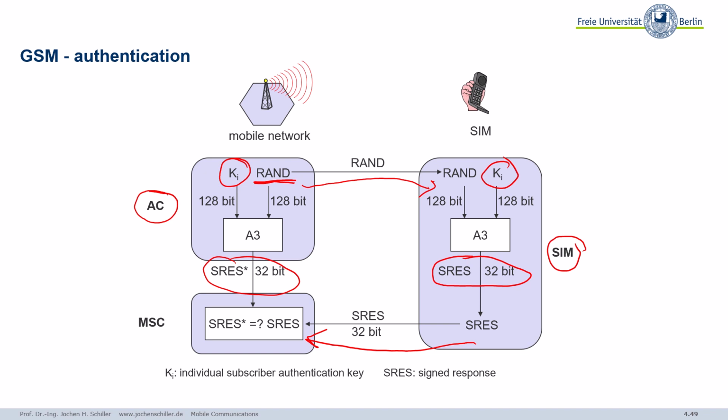To find out the secret key KI is quite difficult. You could send many challenges, these are the random numbers, to your SIM, and then by looking at the signed responses, you could find out the key. But there are several mechanisms to protect the SIM. For example, the SIM can be quite slow in the calculation, because you do this only for the authentication, so it takes some time, and you cannot send many random numbers.